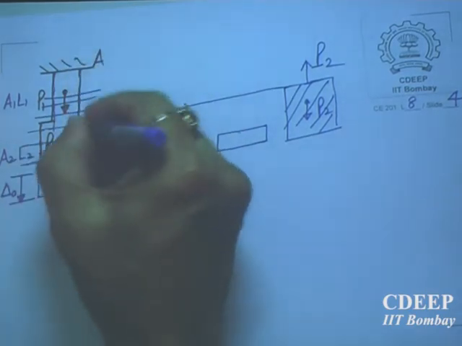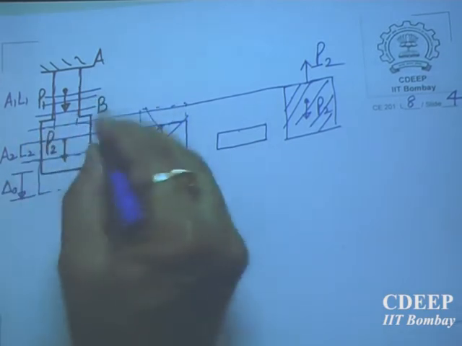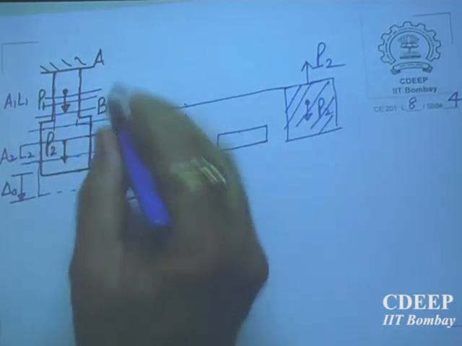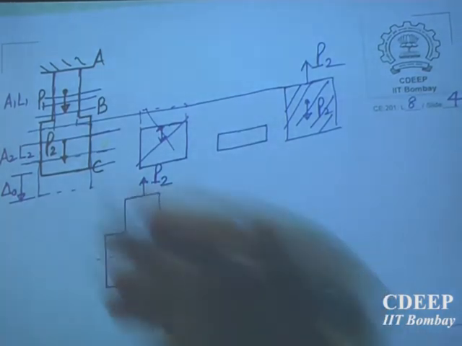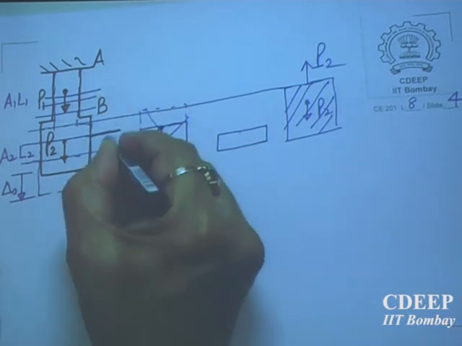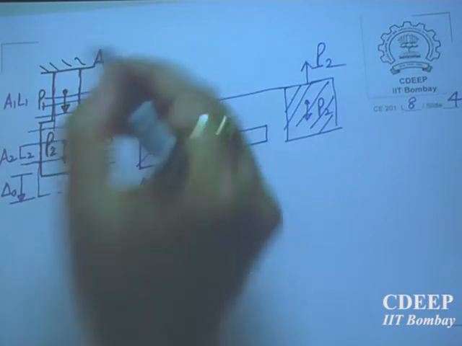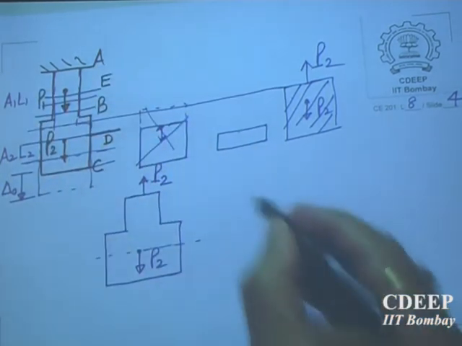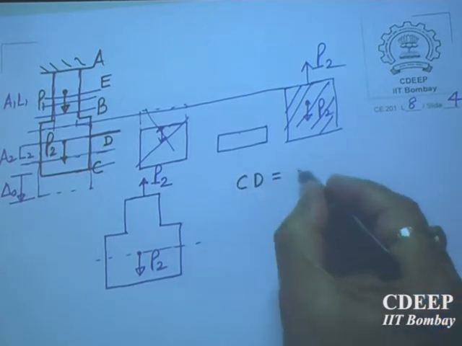That means from this point to this point, the rod is subjected to P2. From here to here, let us call now distances. It should be very clear that let us call this A, B, C, and then this, let us say D, and this is E. So from C to D, no force.